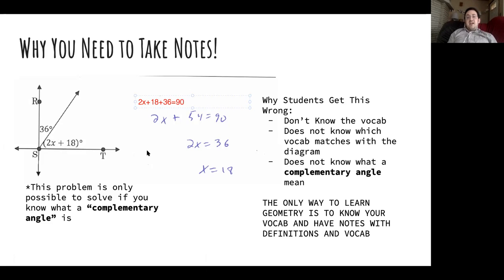So the only way for you to learn geometry is if you know your vocabulary. And students who take notes and are recording the vocab in their notes are able to understand the vocabulary a lot better, and consequently know what to do when they have a problem that looks like this.